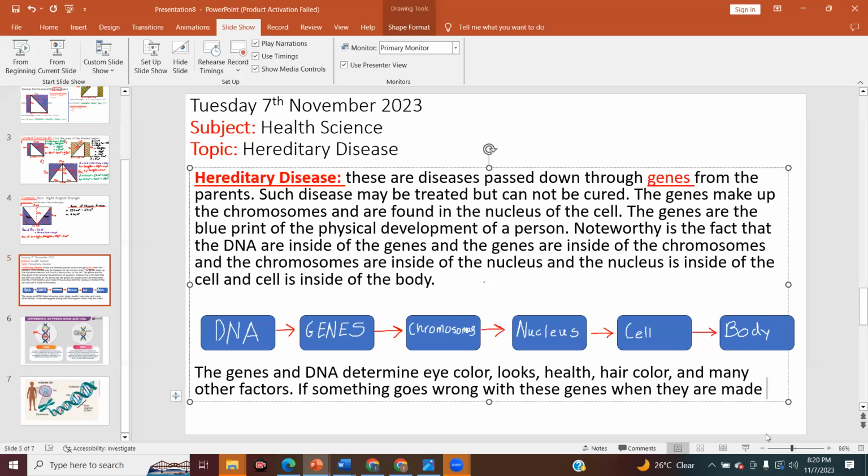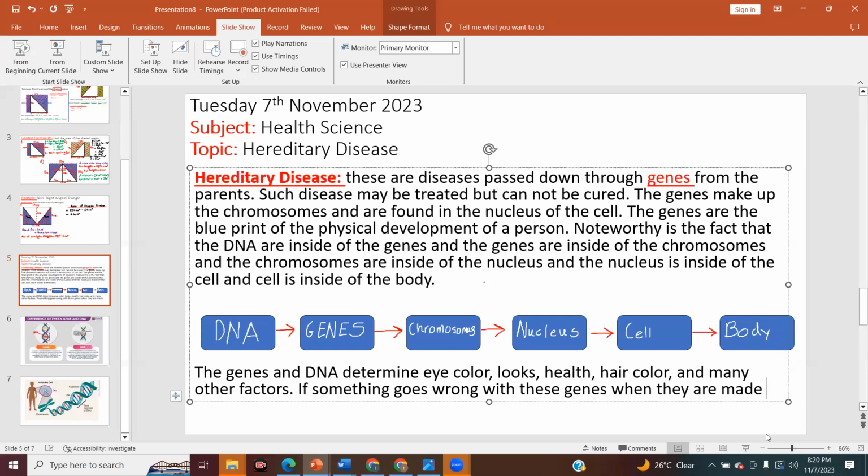Excuse me, Mr. Petit. Yes. Would vitiligo be an example of a hereditary disease? Vitiligo. I don't know about that. Let me see. Oh, I see what you're talking about.